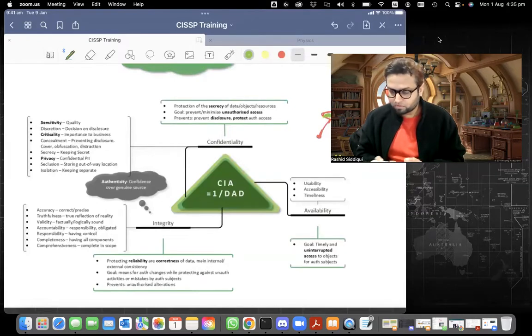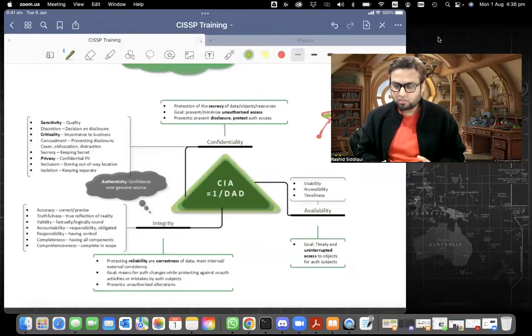But for some of the commercial solutions, availability is of more importance than confidentiality. Similarly, in some instances, we don't care much for integrity, but we care more for availability. In some instances, we care more about integrity and less about availability. So it's always a trade-off.